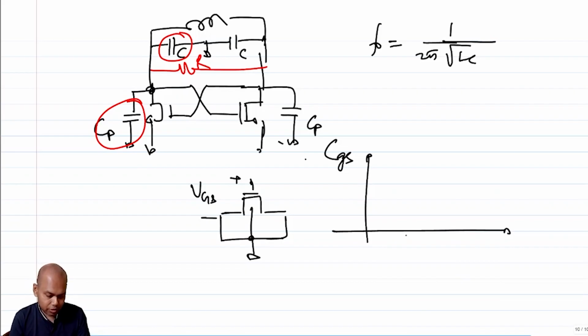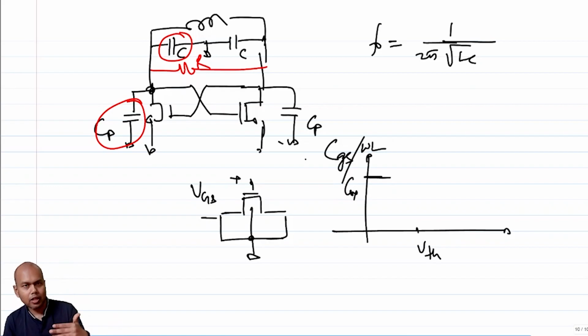Let's say this is the threshold voltage. At much lower than the threshold voltage, what do I have? I have accumulation, correct? So essentially it's a parallel plate capacitor with the metal or polysilicon on one side and majority carriers on the other. So I get a maximum capacitance, that is Cox. This is CGS per WL. So I get Cox.